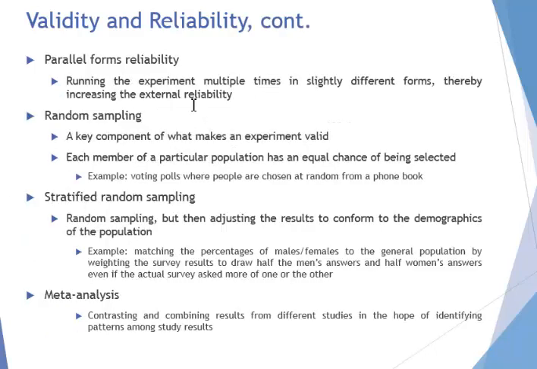There's parallel forms reliability, which is where you run the experiment multiple times in slightly different forms, increasing the external reliability. If 5 different experiments all establish that people with a good night's sleep get better test results, you change the test a little bit, the people a little bit, the type of environment a little bit, and it all shows the same thing, you're increasing external reliability because you're showing that in different real life situations, the result still tends to be the same.